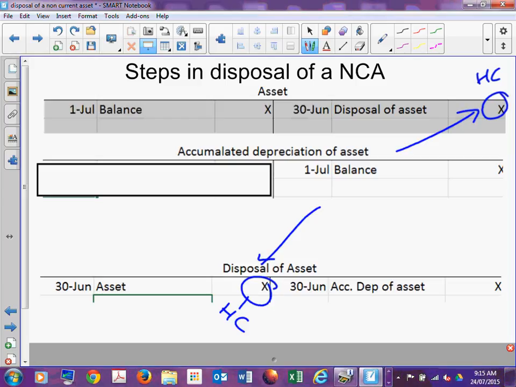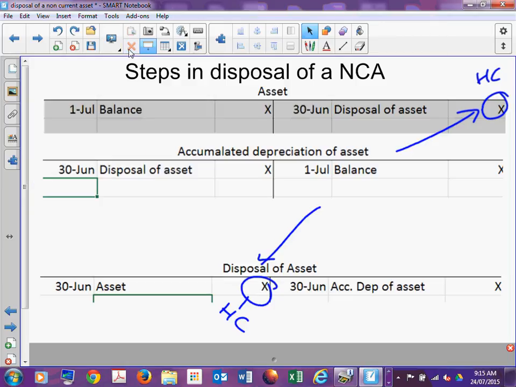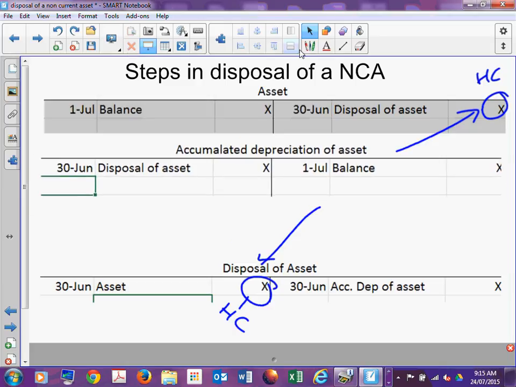What's the next thing that is in our general journal? Debit accumulated depreciation. So accumulated depreciation, the cross-reference has to be disposal of asset, and that is obviously what has accumulated on that asset so far.